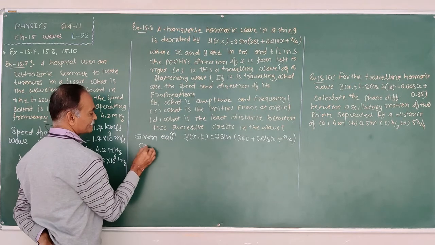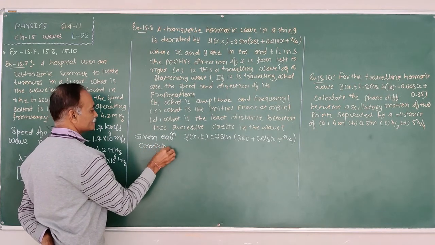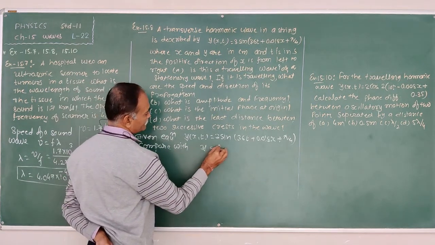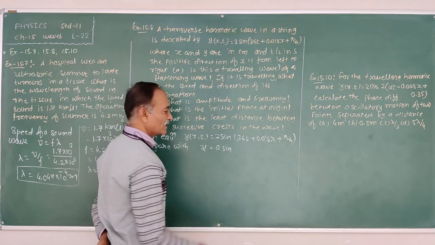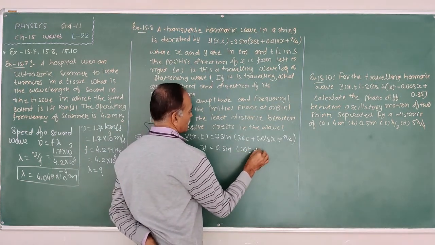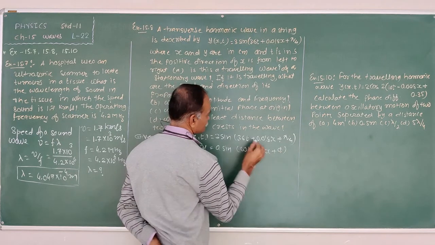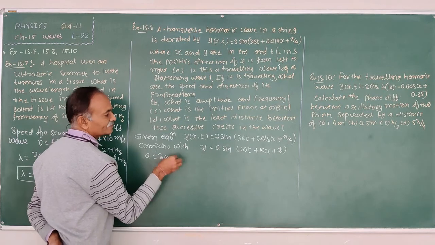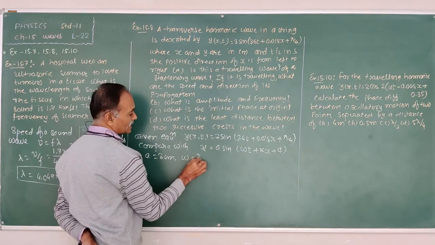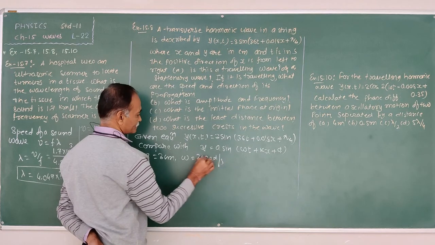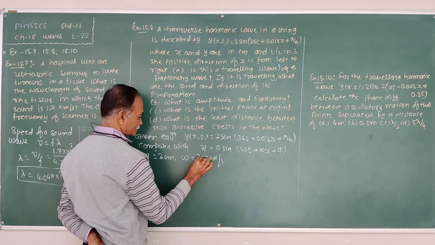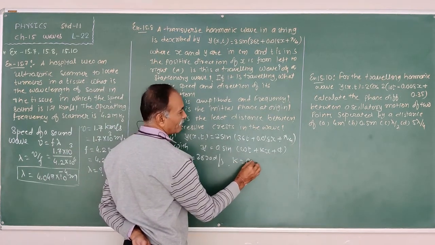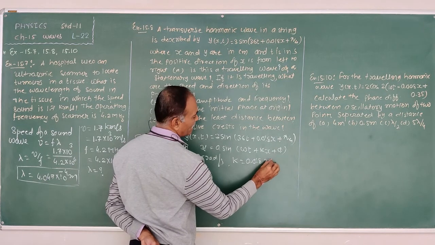Comparing with our standard equation, y is equal to a sine (omega t plus kx plus phi), we get amplitude A is equal to 3 centimeter, omega is equal to 36 radian per second, and k is equal to 0.018 radian per centimeter.